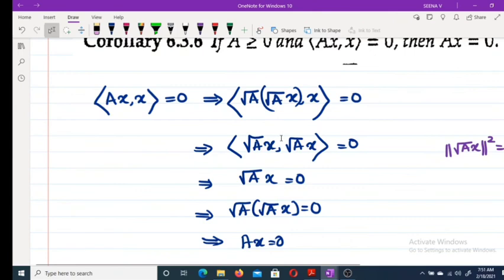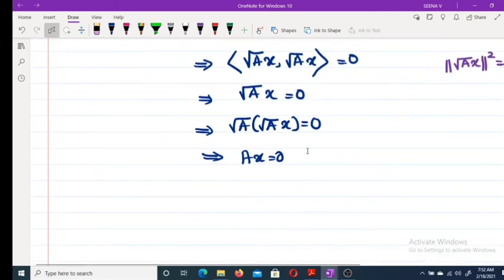Therefore, inner product root ax, root ax, you can take this here, and this is equal to 0. That means norm of root ax square equal to 0. That means root ax equal to 0. Now again operate with the root a, we get root a of root a x equal to 0. That means ax equal to 0.